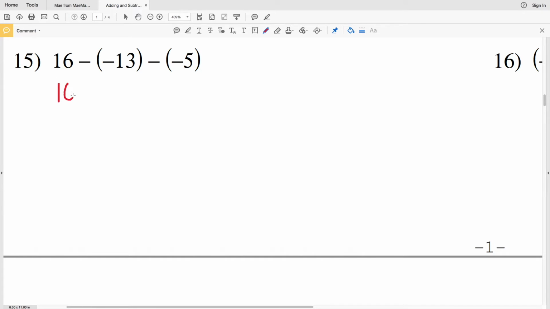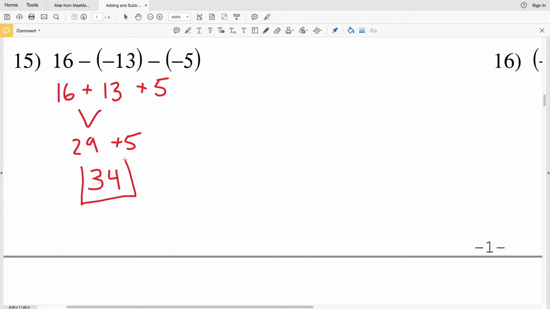Rewriting this, when you subtract a negative, you're adding the positive. So we're adding 13. And again, when you're subtracting a negative, you're adding a positive. So we're adding 5. So we have 16 plus 13 plus 5. 16 plus 13 we know is 29. Plus 5, 29 plus 5 will give us 34.